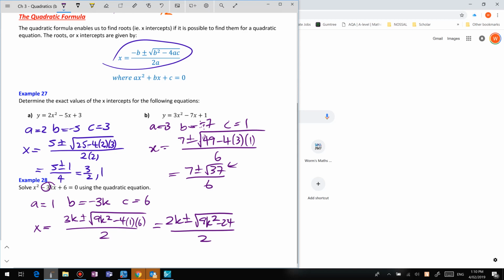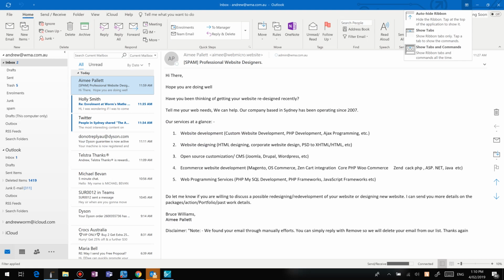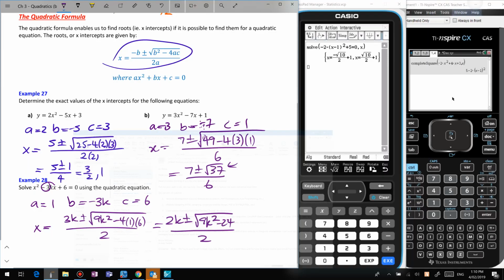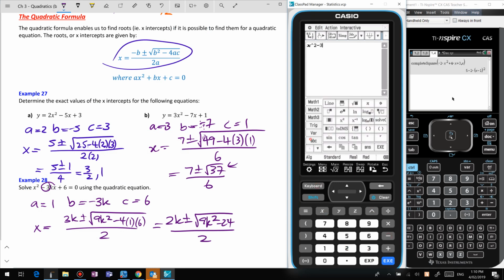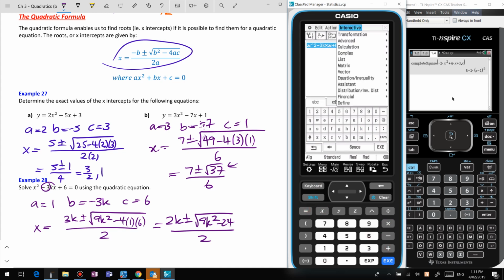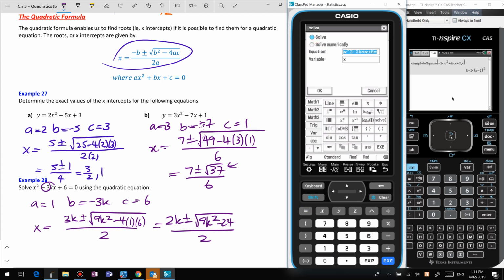So x squared minus 3kx, x squared minus 3kx. So if I do it in this, x squared minus, now when you put in 3k times x plus 6 equals 0, highlight, interactive, advanced, solve for x.